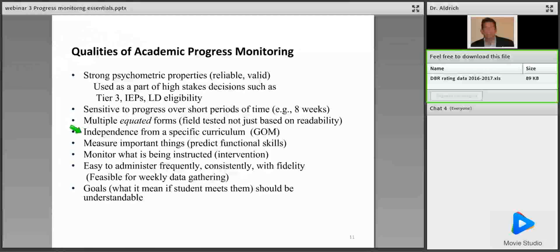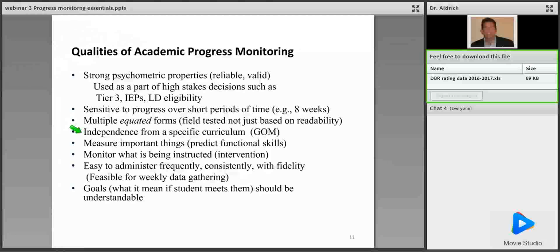We talk about independence from a specific curriculum. Many intervention tools have assessments embedded in them, and they're very helpful. It's great to have that. But you also want to be able to assess whether the student can generalize skills taught within that program to what we call a general outcome measure, something that's really independent from a specific curriculum.